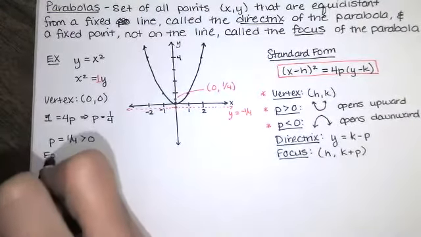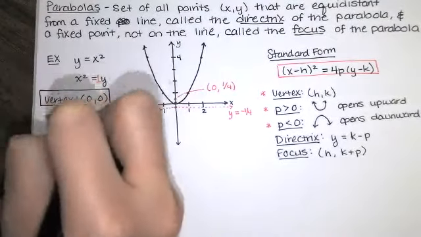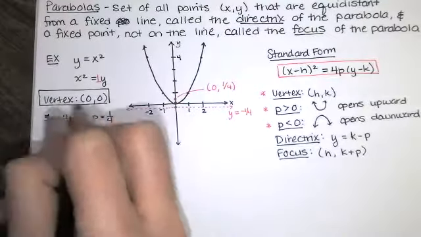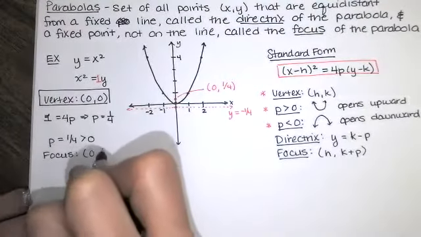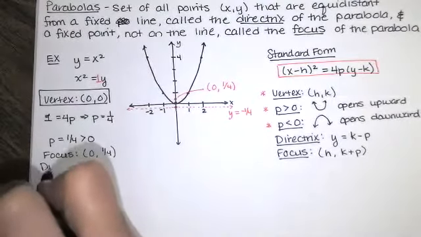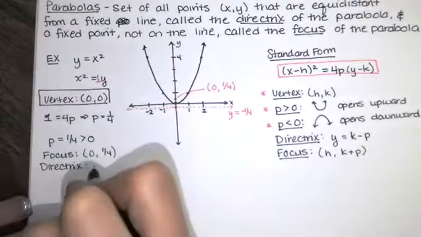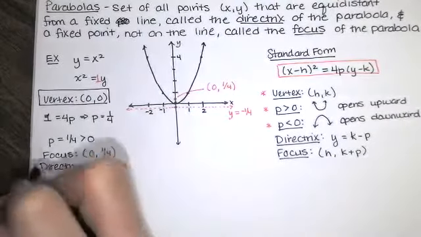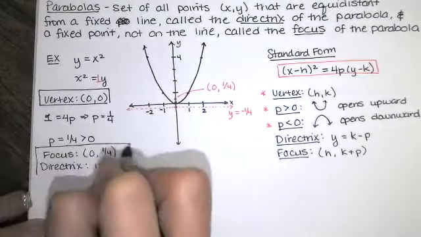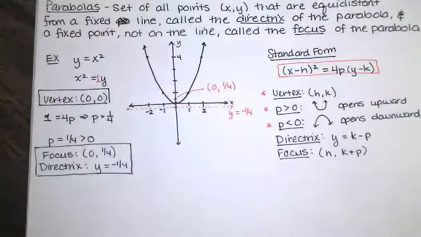And I think normally when we're asked to do an example, we're asked for all of these things. Find the vertex, (0, 0). Find the focus, (0, 1/4). Find the equation of the directrix, y equals negative 1/4, and so on. And then graph the parabola. We didn't need all of this to graph y equals x squared.